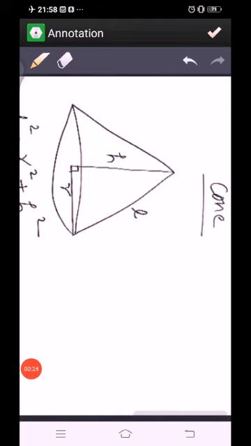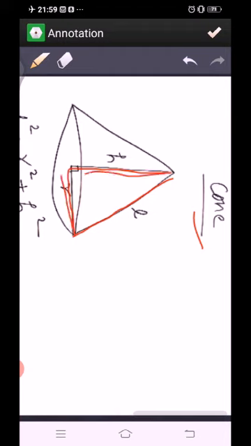So let us see first what is a cone. A cone is a figure formed by revolving a right triangular lamina about any of its perpendicular sides, either the perpendicular or the base.